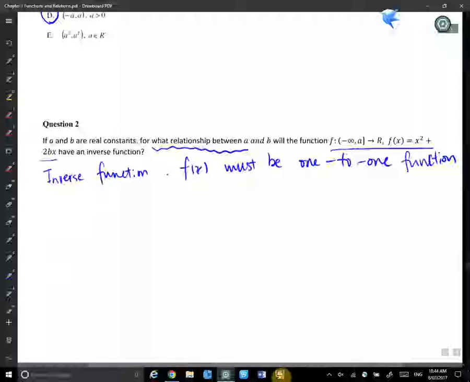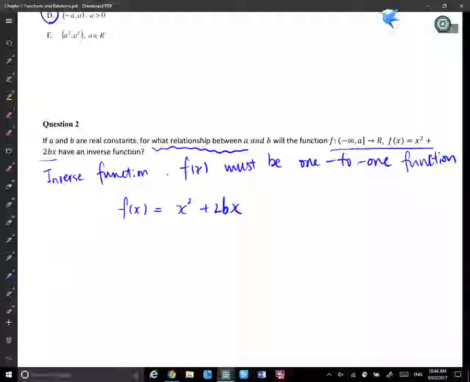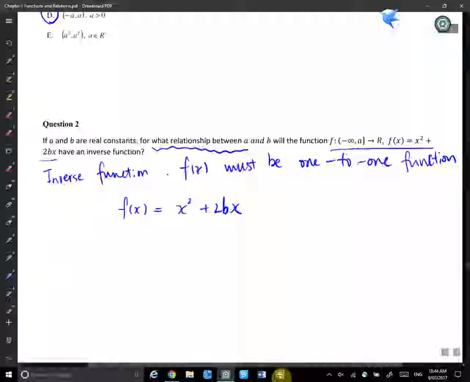So now we have f(x) is a quadratic. Because that's a quadratic, think about it as many-to-one. I'm not drawing the y-axis, I'm just drawing the graph like that.